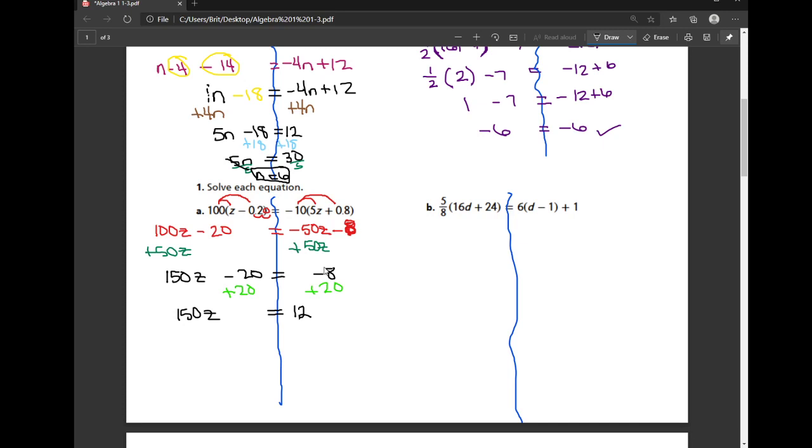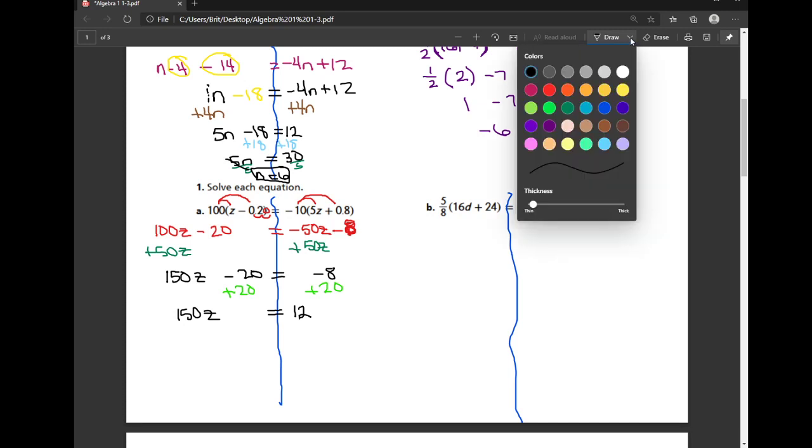Alrighty. So then my last step is to get rid of this 150 that's in front of z. Right now it's being multiplied, so to unmultiply it, I'm going to go ahead and divide by 150.